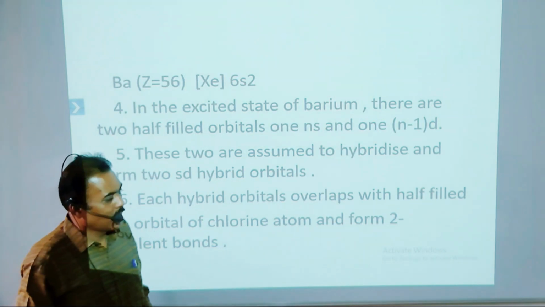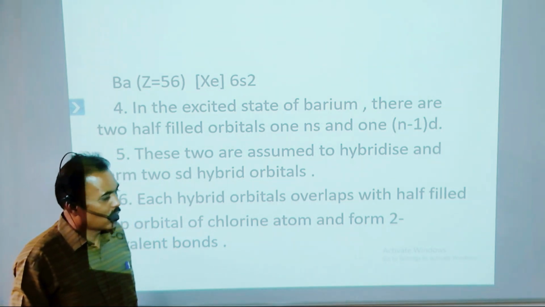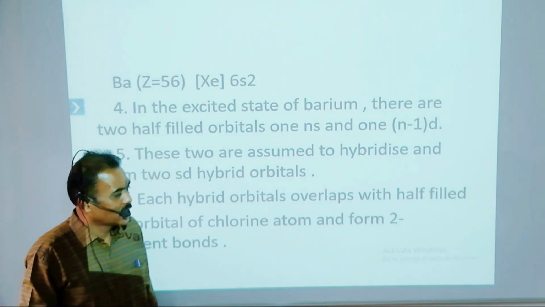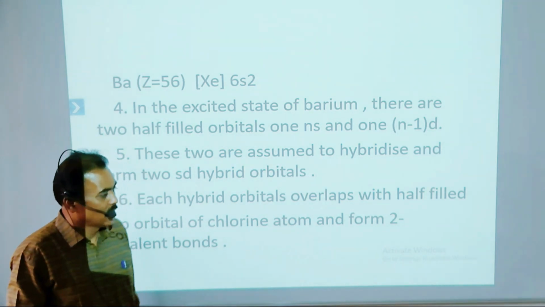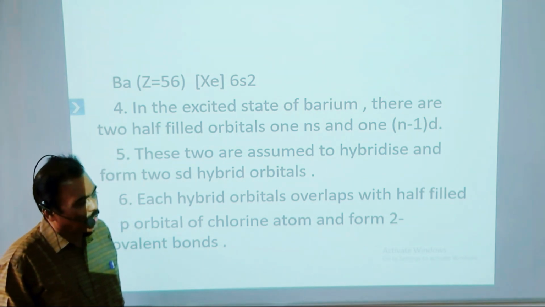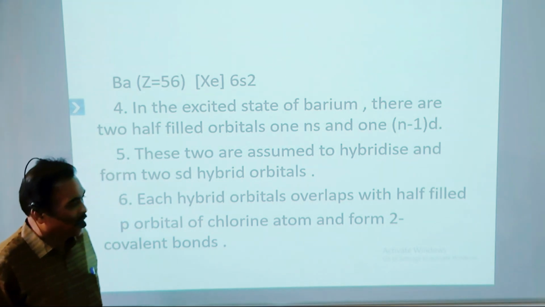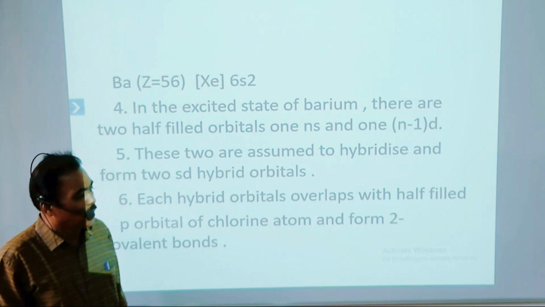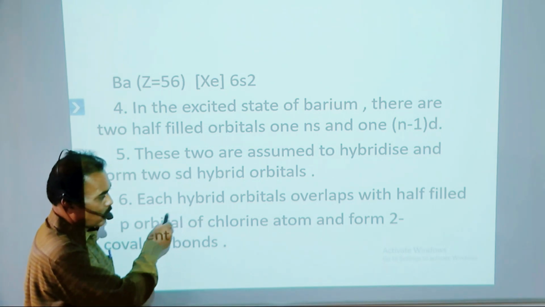Barium has atomic number 56, its electronic configuration is xenon 54, 6s2. In the excited state of barium, there are 2 half-filled orbitals, one ns and one (n minus 1) d. These two are assumed to hybridize and form 2 sd hybrid orbitals. Each hybrid orbital overlaps with a half-filled p orbital of a chlorine atom and forms 2 covalent bonds.